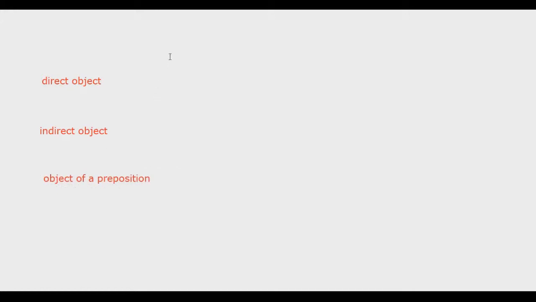So if you recall, the direct object is for objects that experience the action of something. An example would be: the professor chose me for the assignment. The professor chose me. So me here is the direct object because it experiences the action of choosing.